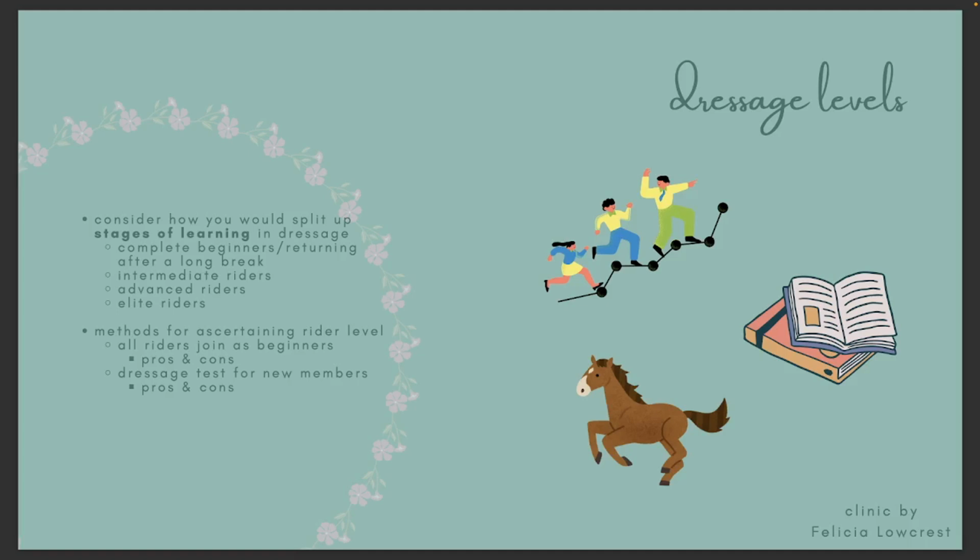For me personally, when you're thinking about what to teach complete beginners, it's: what are the fundamentals of dressage? Like the arena lines, your wide tier, your quarter line, your eighth line, center line, midline. Those are good reference points to know.